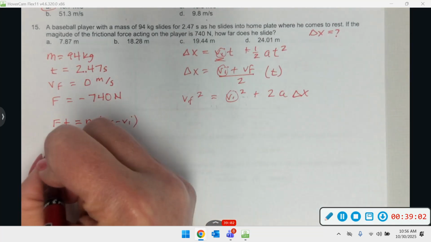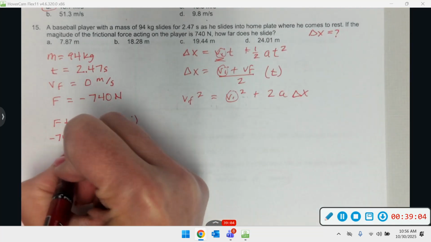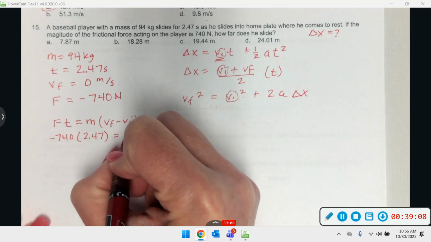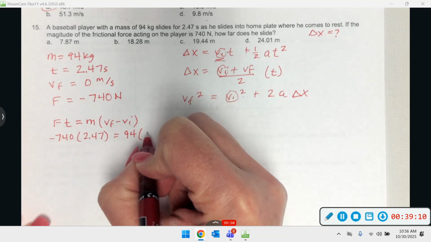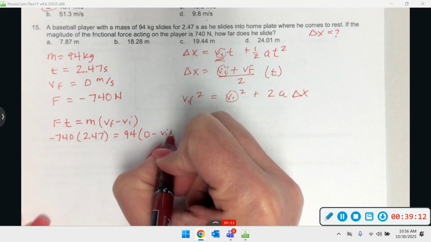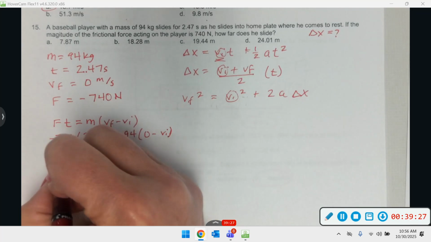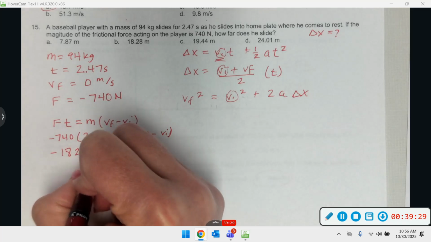All right, so my force is negative 740. My time is 2.47. My mass is 94. VF is 0, and we're looking for VI. That's my substitution step. So let's go ahead and solve the left-hand side. Negative 740 times 2.47 is negative 1,827.8.